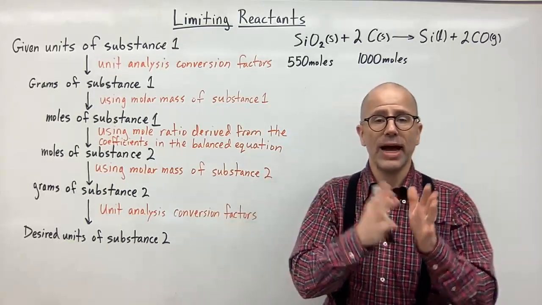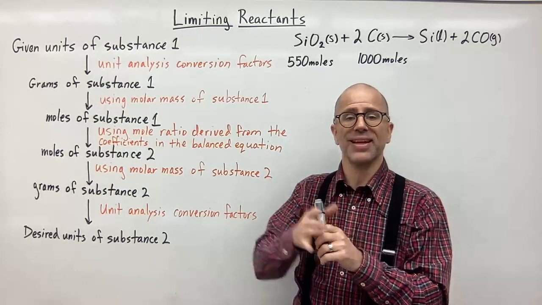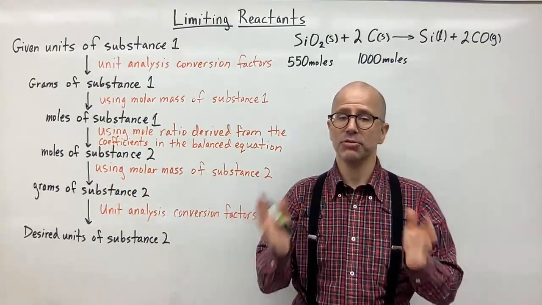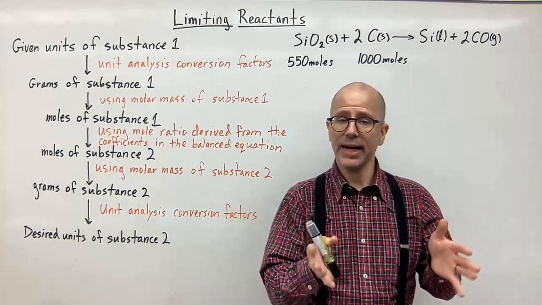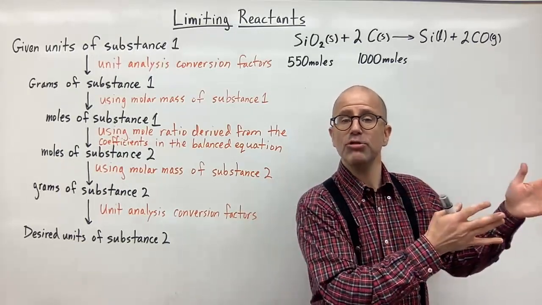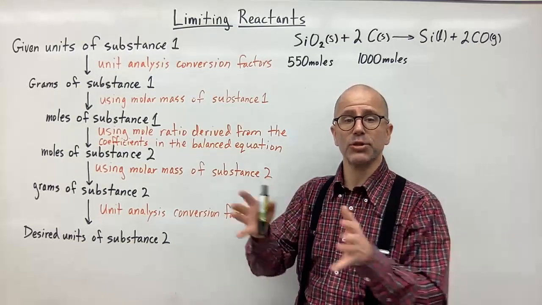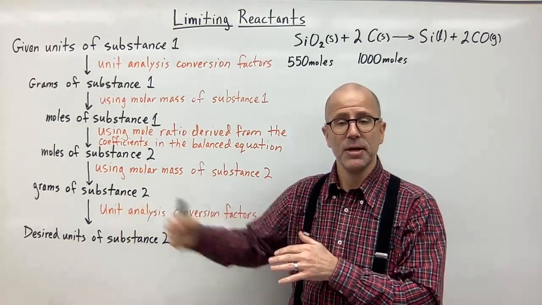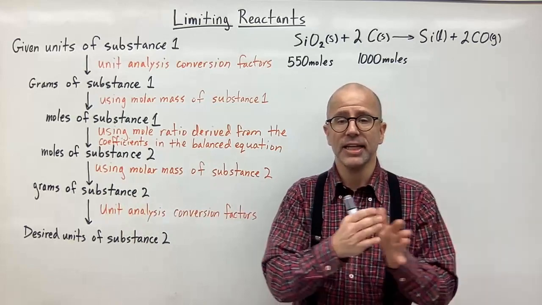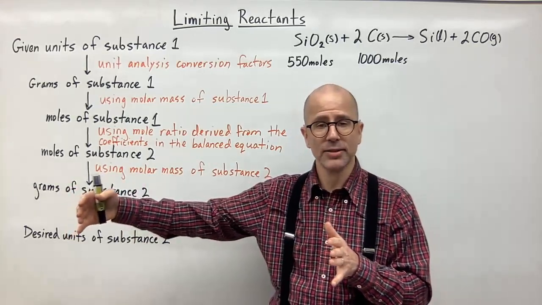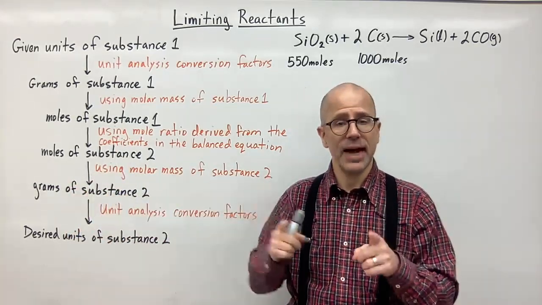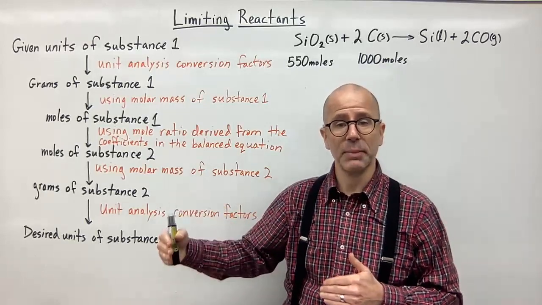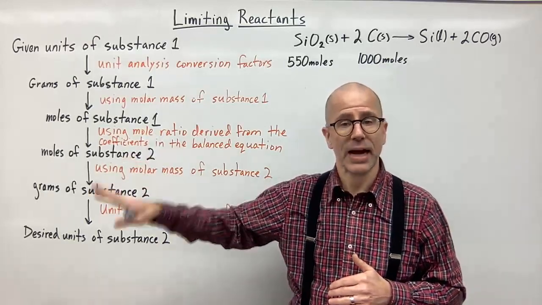Whatever reactant gives me the lesser amount of product, that's the limiting reagent, because remember, whatever reactant gets used up first is going to determine or limit the amount of product you can have. If one reactant gives you a smaller amount of product, that means that reactant ran out first and therefore limits you to that amount of product.